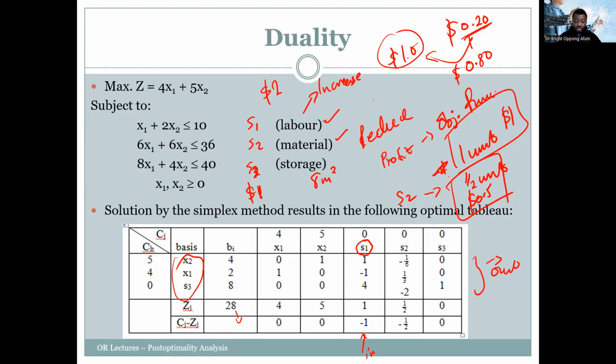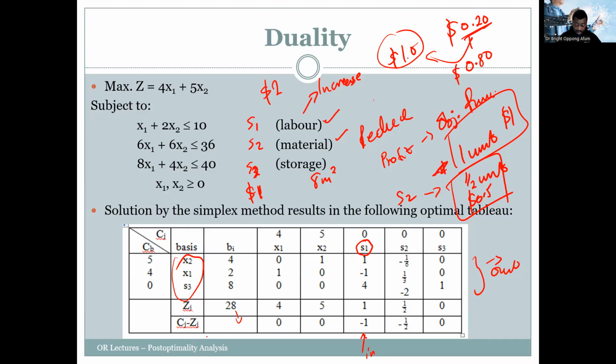the marginal values of material, right? So in other words, we could expect profit to increase by $1 or 50 cents if another unit of labor or material, respectively, can be obtained, right?